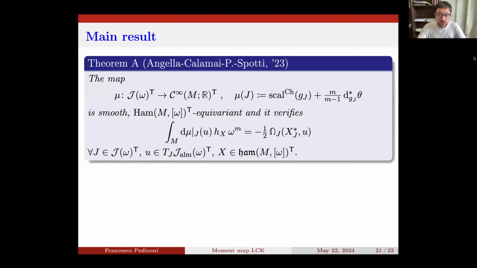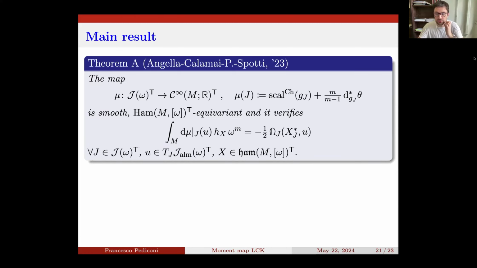And we were able to prove that under these assumptions, the map that assigns to a T-invariant complex structure J the scalar curvature of the corresponding locally conformally Kähler metric g, plus a certain multiple of the divergence of theta, is smooth, is equivariant, and it verifies a certain equation that can be thought of as a formal moment map equation.